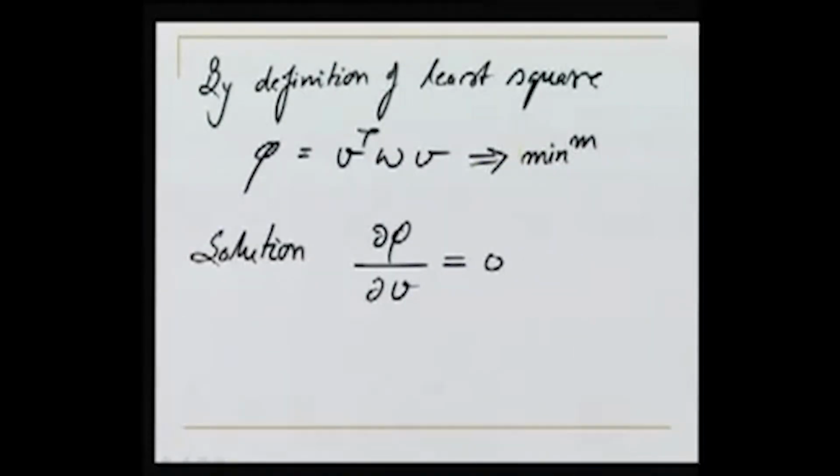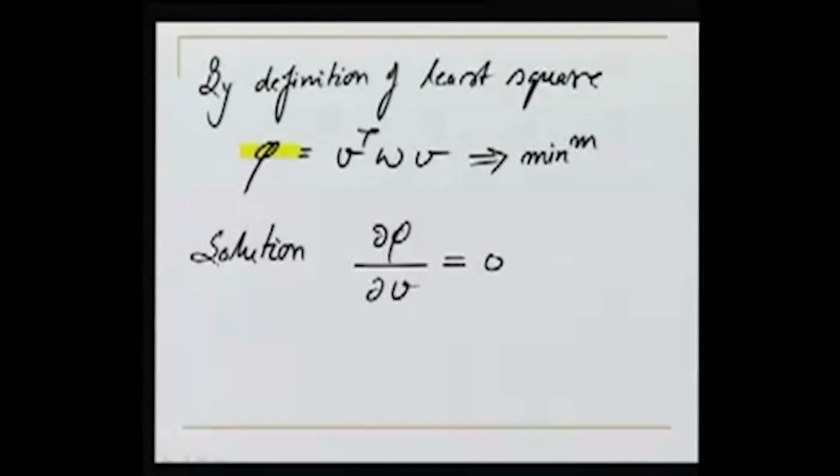Fine. We know the least square method. How do we apply it? As you can see over here, phi is V transpose W V, and phi is a scalar here, and these are the matrices. W is for weight, V is for residual, and we make this minimum.